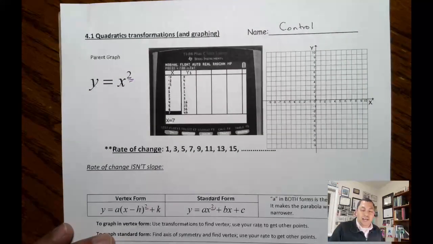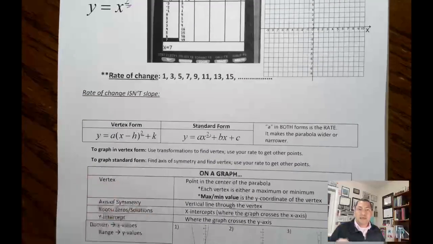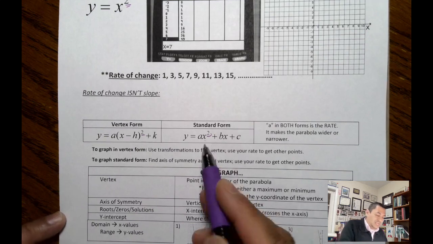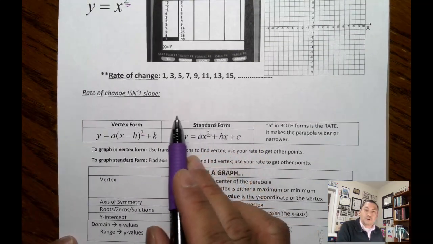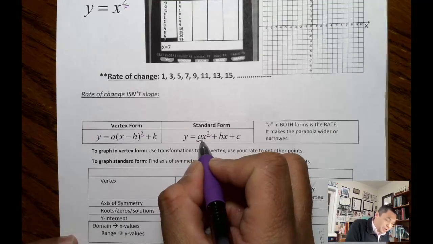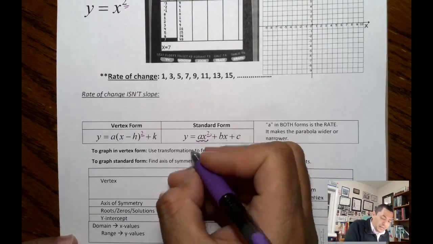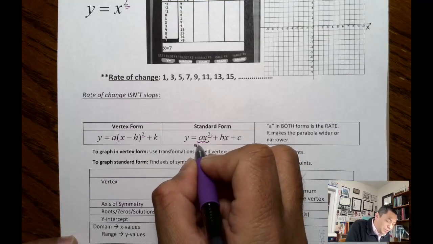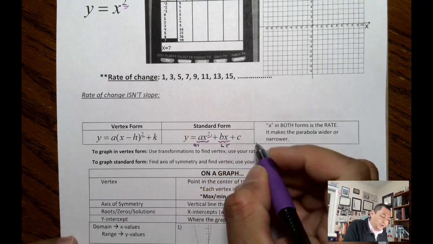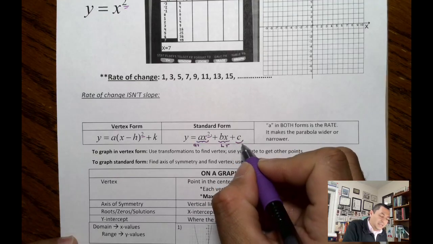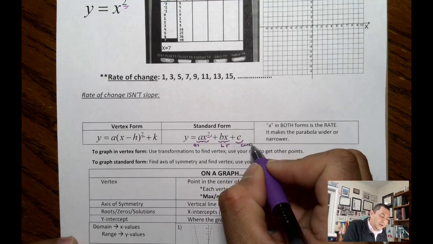We're going to graph one in a minute. These functions can have a quadratic term, a linear term, and a constant term. So in this case, we have here the standard form of a quadratic function. This term here is the quadratic term. This one here is the linear term, and this C is the constant term.